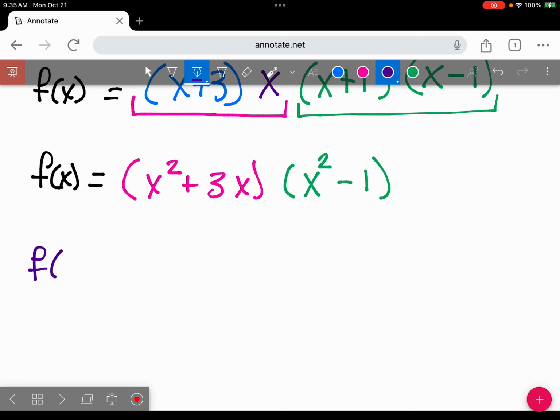So our f of x, we need to multiply this one out. Actually, I haven't pre-done this one, so we're going to have our x squared times our x squared, giving us x to the 4th. I have my 3x times x squared, giving me 3x cubed. I have my minus 1 times my x squared, giving me minus x squared.